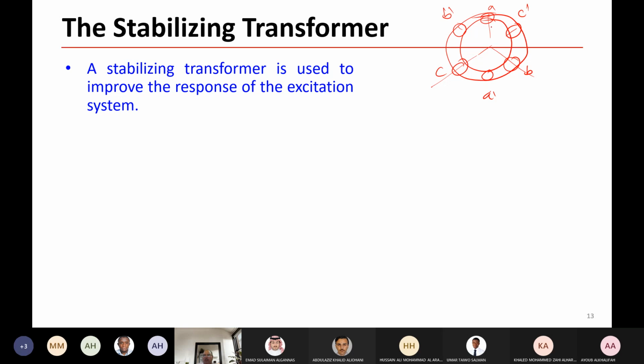You have here, assume it to be a salient pole just for explanation. So here you have the field winding, right? You can see the magnetic circuit now. The flux is going from here, crosses the air gap, goes through the yoke here, and cuts this and back to this.